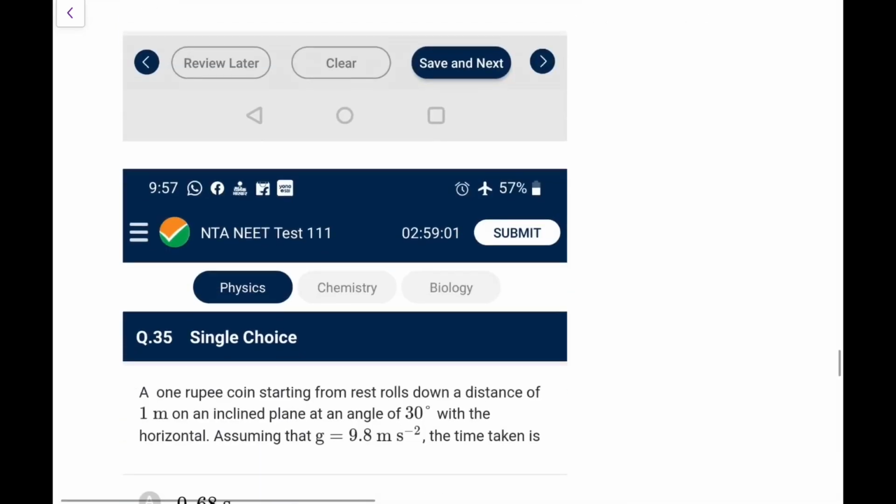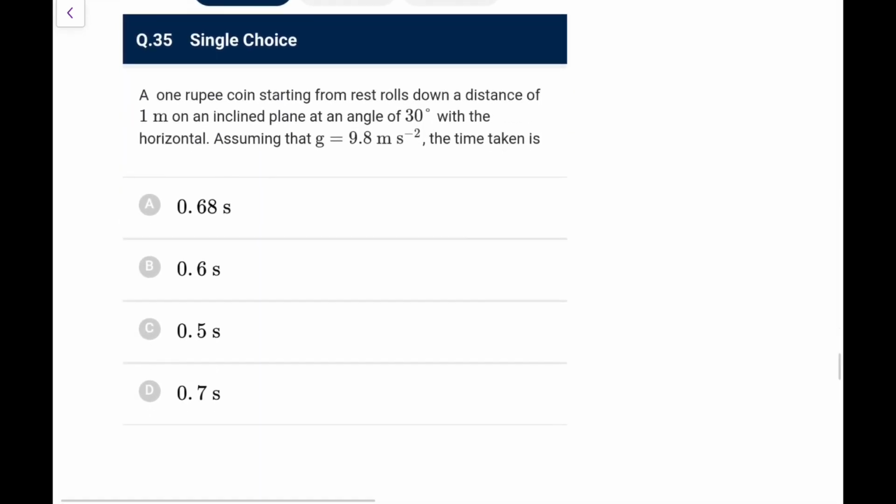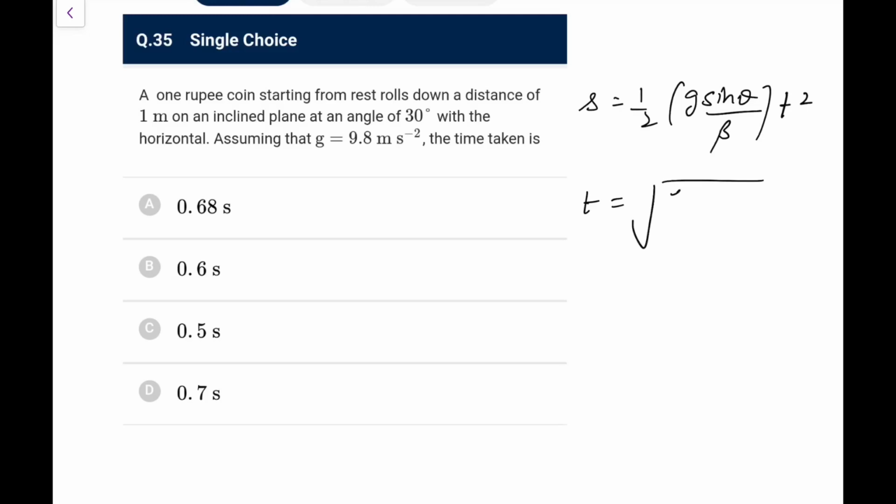It would be disc. Next one, a 1 rupee coin starting from rest rolls down a distance of 1 meter on an incline at 30 degree with the horizontal. The time taken will be? A 1 rupee coin starting from rest, so the coin will be a disc. It is traveling a distance 1, so s would be equal to half a t square. Here a is g sin theta upon beta, so t would be the root of 2s beta upon g sin theta.